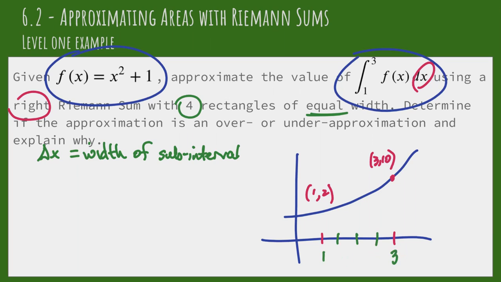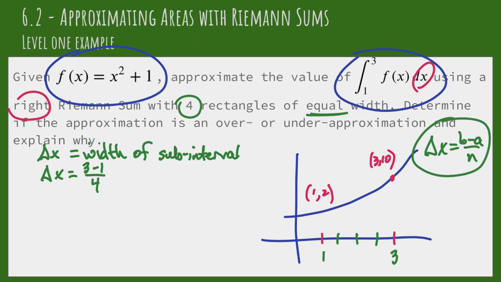And so if we divide that evenly, delta x is going to equal 3 minus 1 over 4. So to generalize that formula, delta x is going to equal b minus a over n. This is something that we're going to see not only for this, but for some other things that we're going to do in the future.